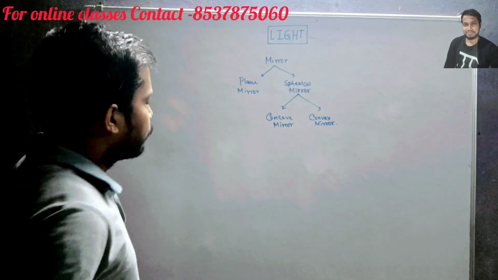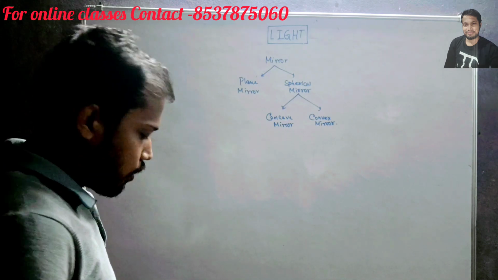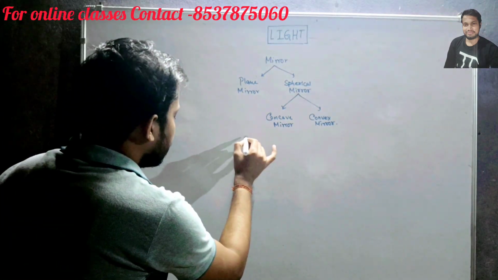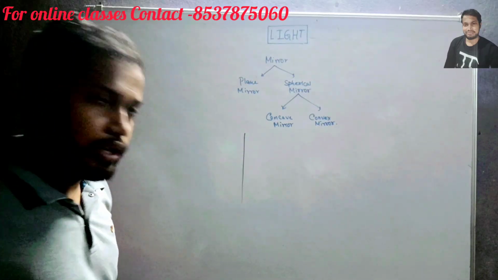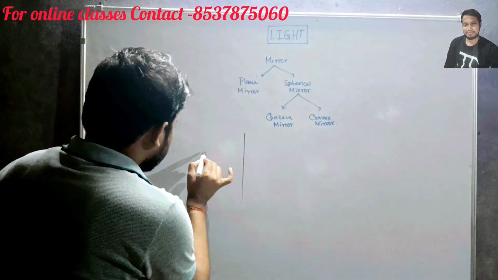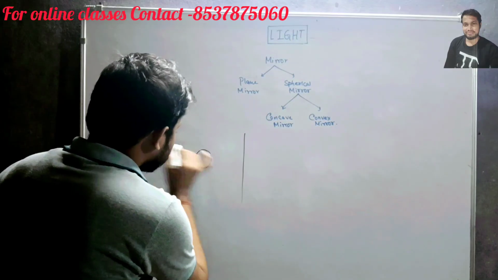First of all, we have to know some rules for plane mirror. If we take a plane mirror, let's say this is a plane mirror, and take an object here.